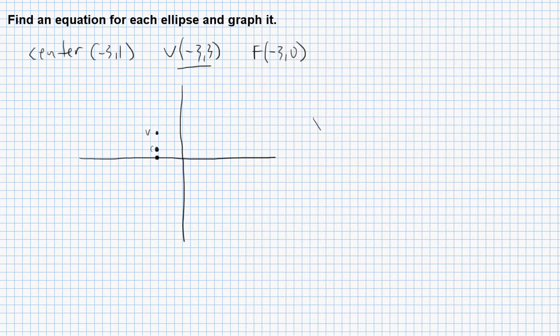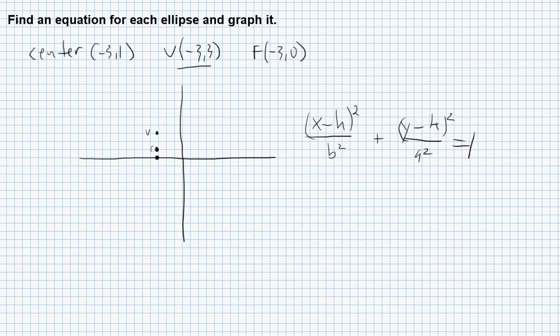So that means it's going to be this formula in general: (x minus h) squared over b squared plus (y minus k) squared over a squared is equal to 1.